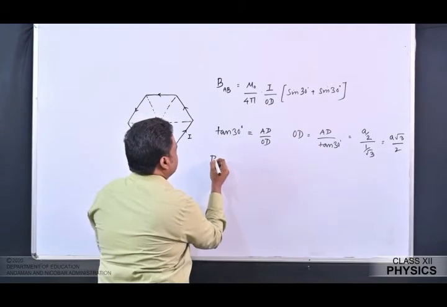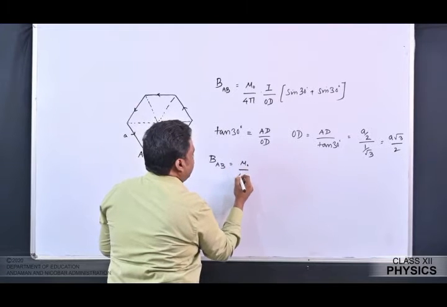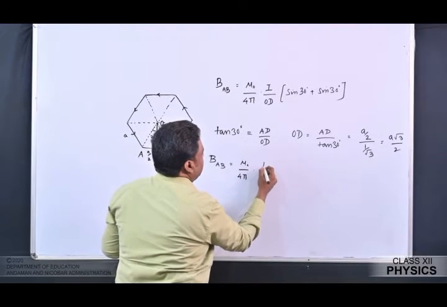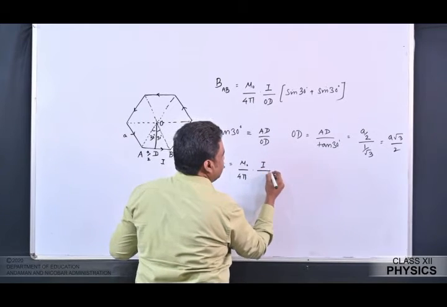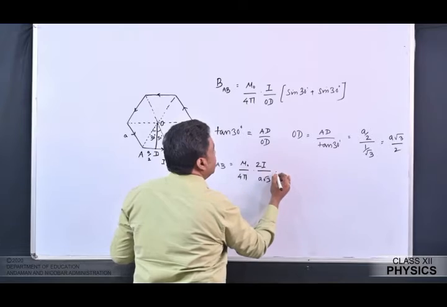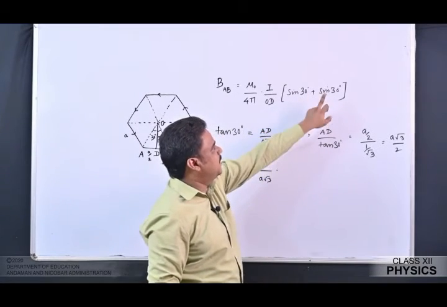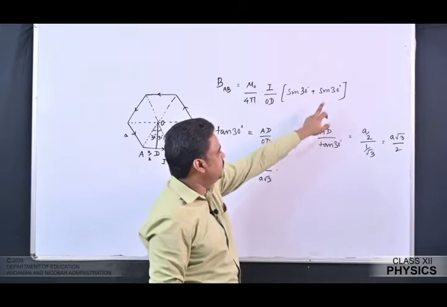So what I get is B_AB is equal to mu naught by 4 pi, I by A root 3 by 2, the 2 moves up, into sine 30 is 1 by 2 plus sine 30 is 1 by 2, so 1 by 2 plus 1 by 2 is 2 by 2, which is 1.